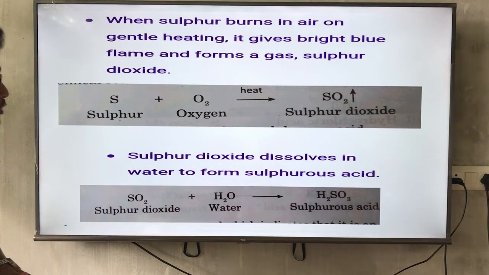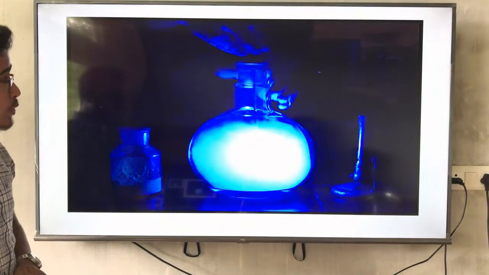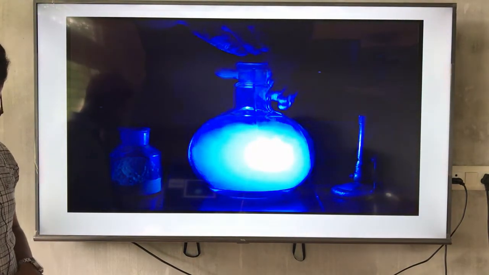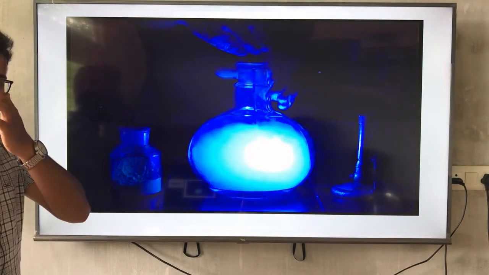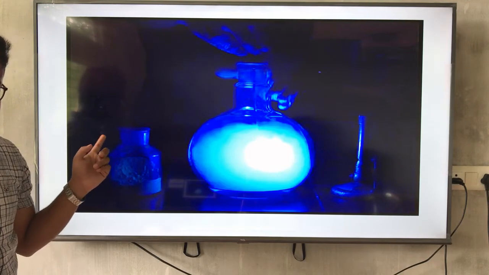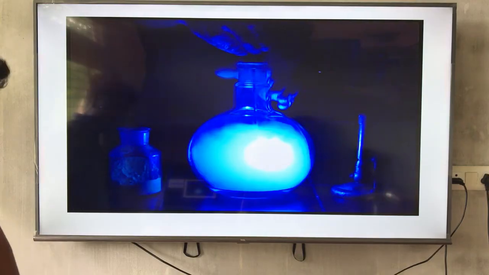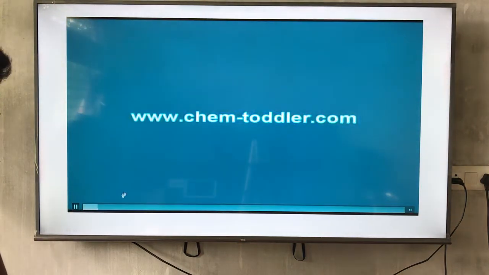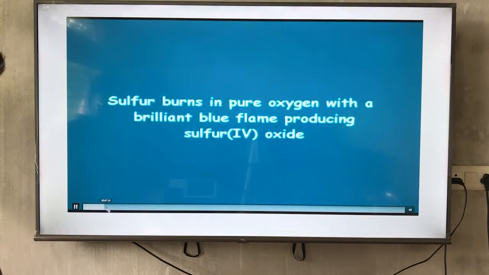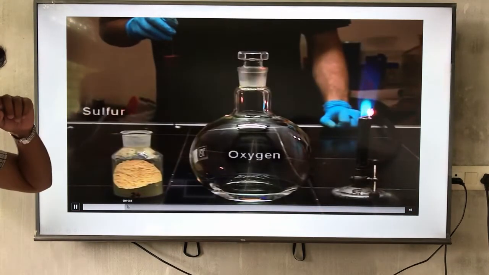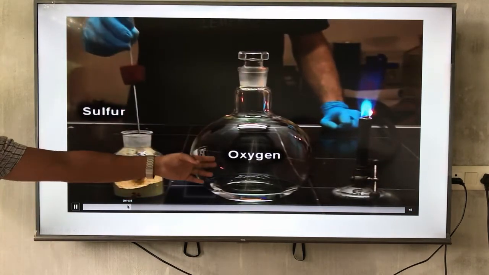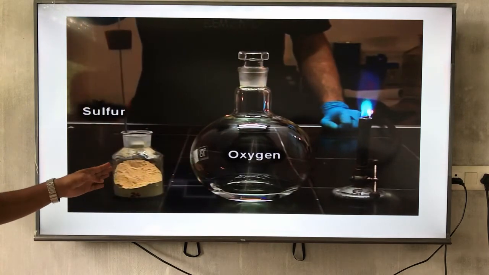Now I will show you one short video clip. You can see here the reaction of sulfur and oxygen. Here oxygen is present, and this is sulfur.